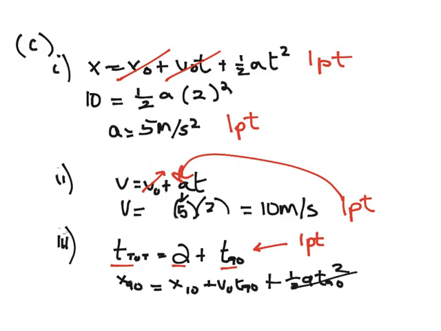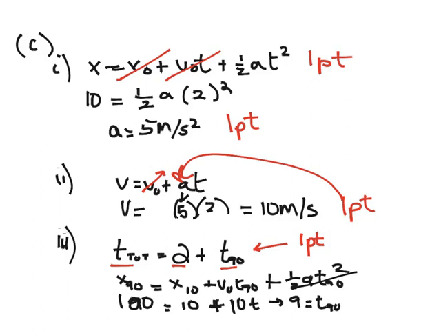Of course, x naught is 10, and you have 90 equals 10 plus, you end up at the 100 mark, plus 10, the v naught t, and you end up with t is equal to 9 seconds.